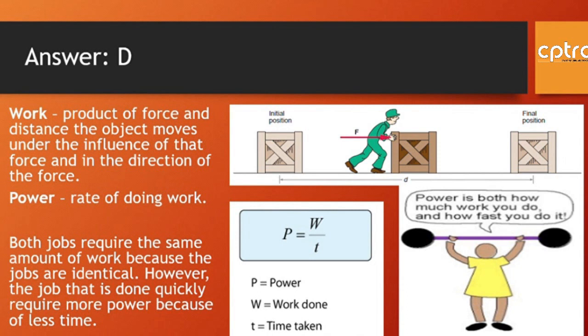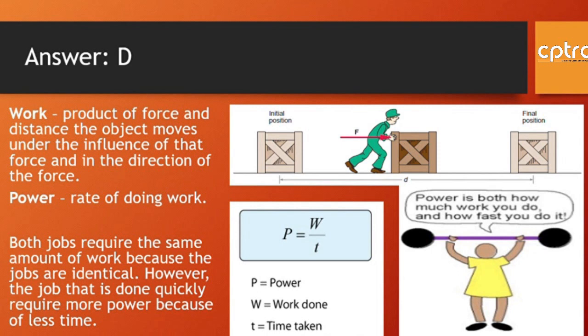Power is the rate of doing work. Based on this question, both jobs require the same amount of work because the jobs are identical. However, the job that is done quickly requires more power because of less time. It can be observed in the formula that power is equal to work divided by time.